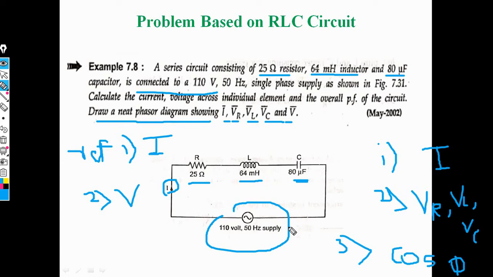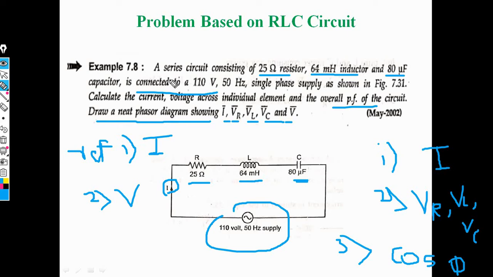We need to find the current, the voltage across individual elements, resistance, inductance and capacitance, and find the power factor, cos phi. Also draw a neat diagram for reference phasor current and reference phasor voltage.